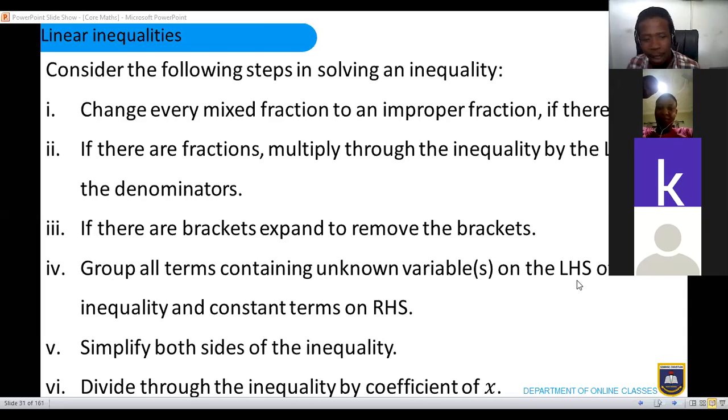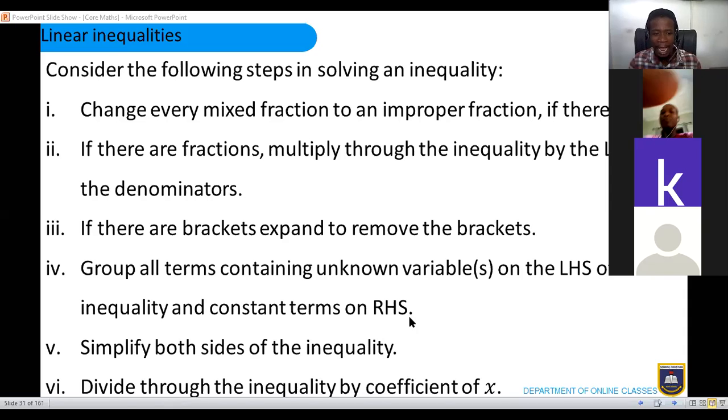That is the LHS, and all the constant terms on the right hand side. What we're talking about is if we have unknown variables, let's say x or a, all terms containing a should be grouped to the left hand side of the inequality or the equation.